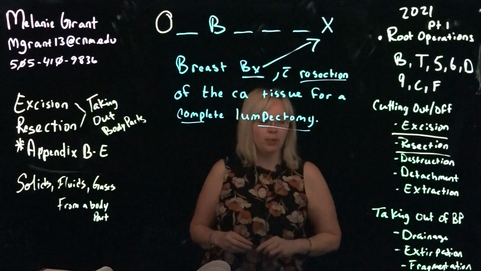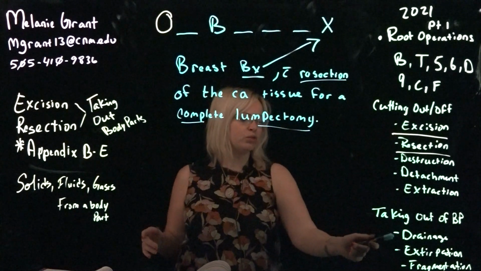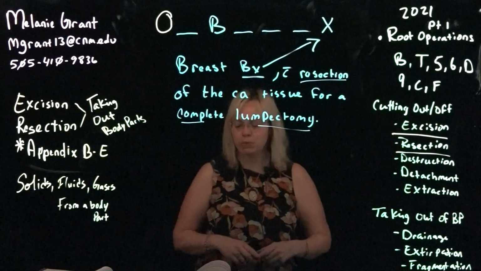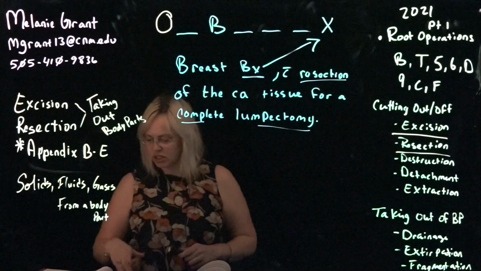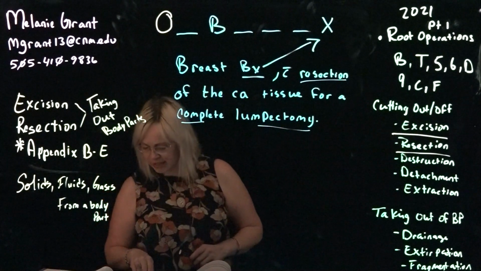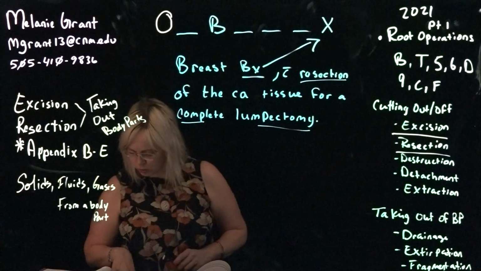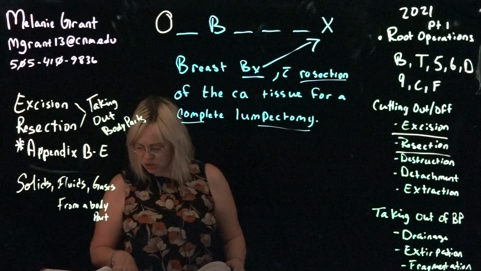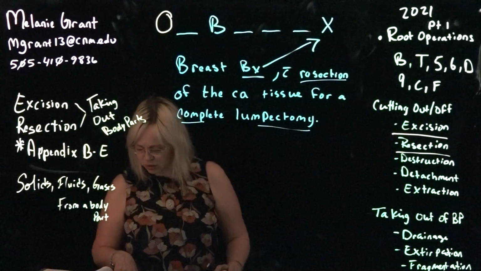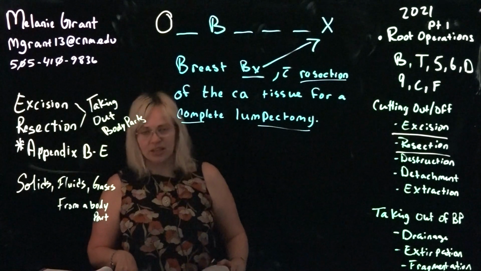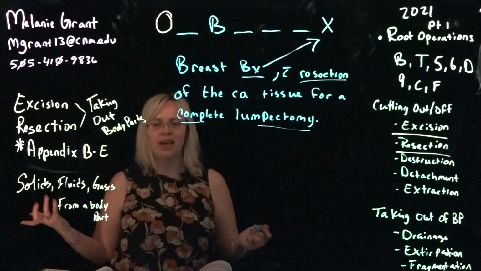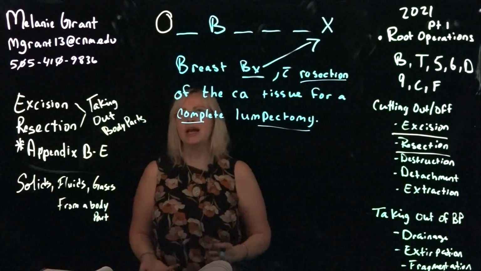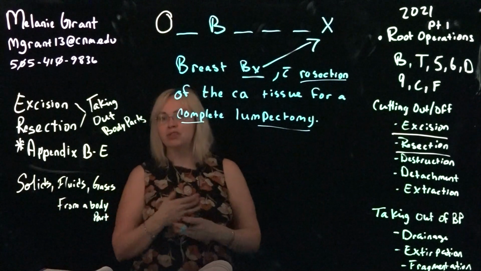Taking out of a body part, here we have three different options: drainage, extirpation, and fragmentation. And you can see in here, if you're looking at the appendix for your three definitions, the objective of the procedure is taking or letting out for drainage, and of course you're thinking about fluids with that one. We can't exactly drain the skin, but we can drain the blood.